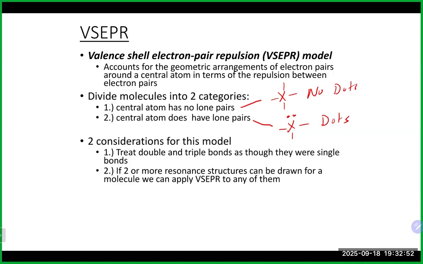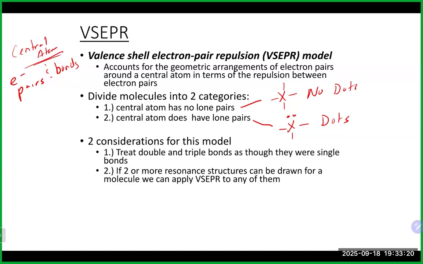Now, probably the best way for most people to do geometry is to look at how many electron pairs there are around an atom and how many bonds. Those are the two things that you look at. And usually you do geometry for the central atom. The central atom is always the one in the middle and is the most important in terms of geometry.